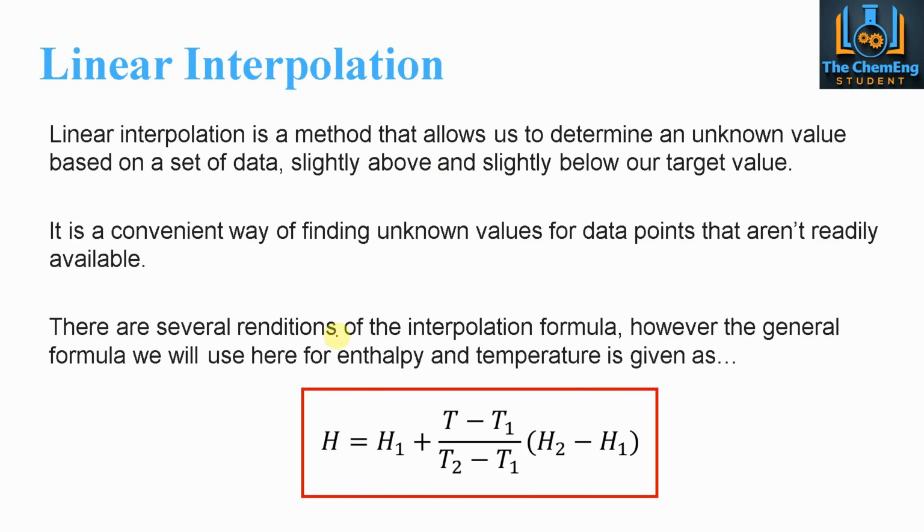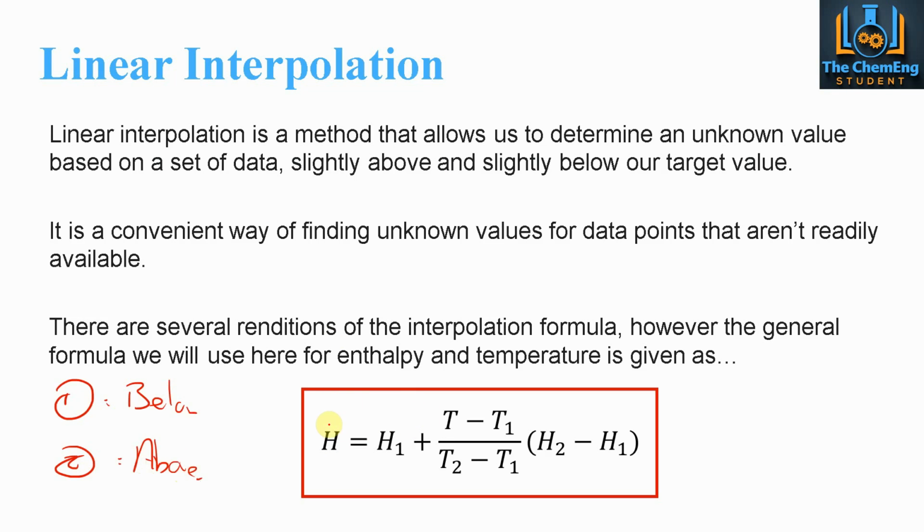So what this means is that we have the enthalpy, the target enthalpy that we want. Then what we do here is, so T1, or the value of 1, is the value just below, and the value of 2 is the value just above. So that's what these subscripts mean.